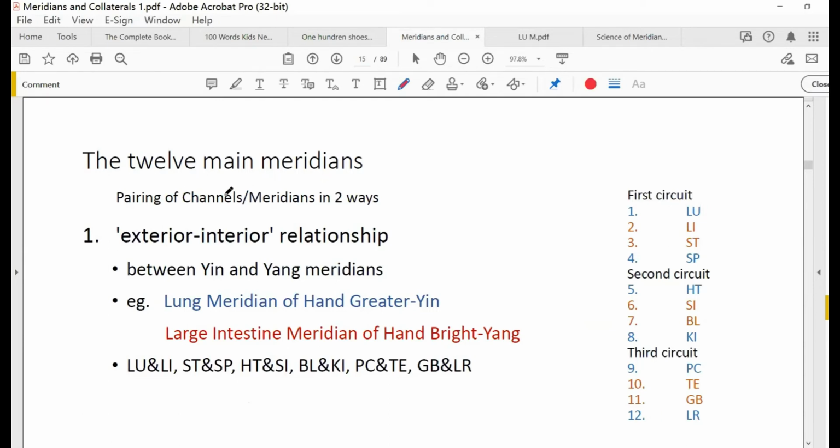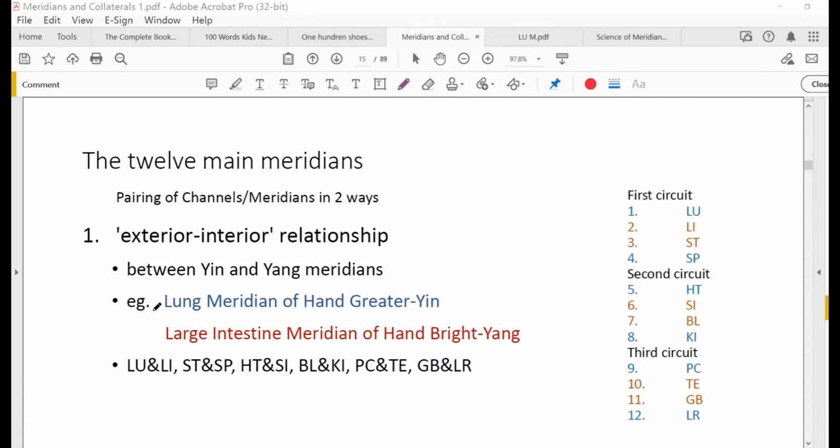The 12 main meridians, we can pair these 12 meridians in 2 ways. The first one is called the exterior-interior relationship, between yin and yang meridians.